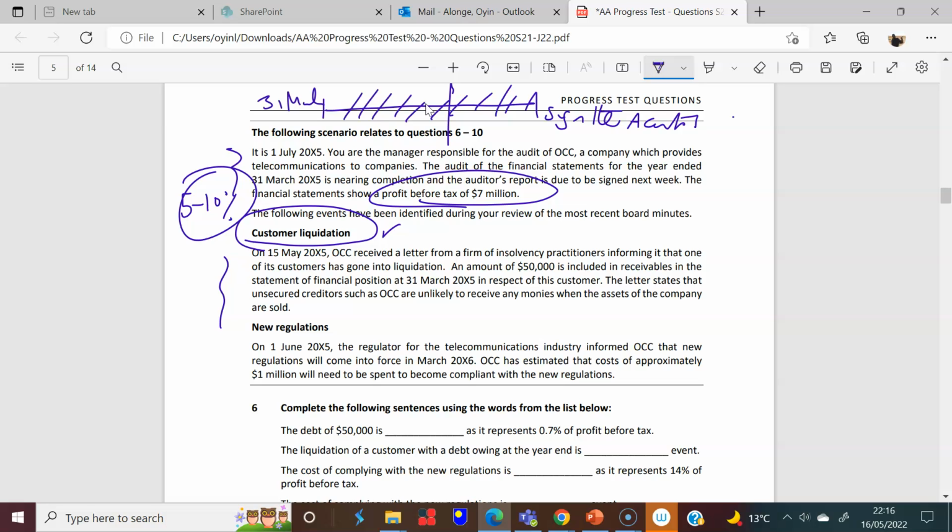Right. So 15th of May, OCC receives a letter informing it that one of its customers has gone into liquidation. So here's your year end, and they've gone into liquidation after the year end. And the argument here is determining whether or not this is an adjusting event or non-adjusting event. Now, of course, for us to call something an adjusting event, which means we want to go back to the year to actually change the figure, it means that we had evidence as at the year end that this event was going to happen.